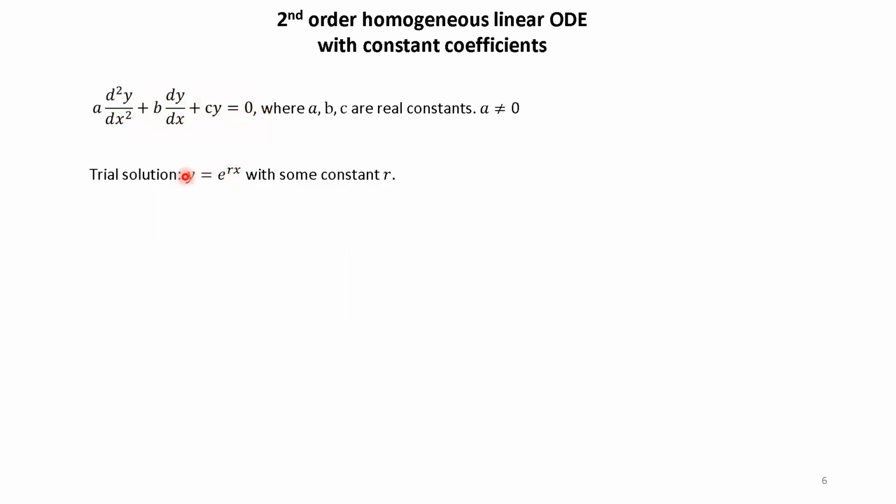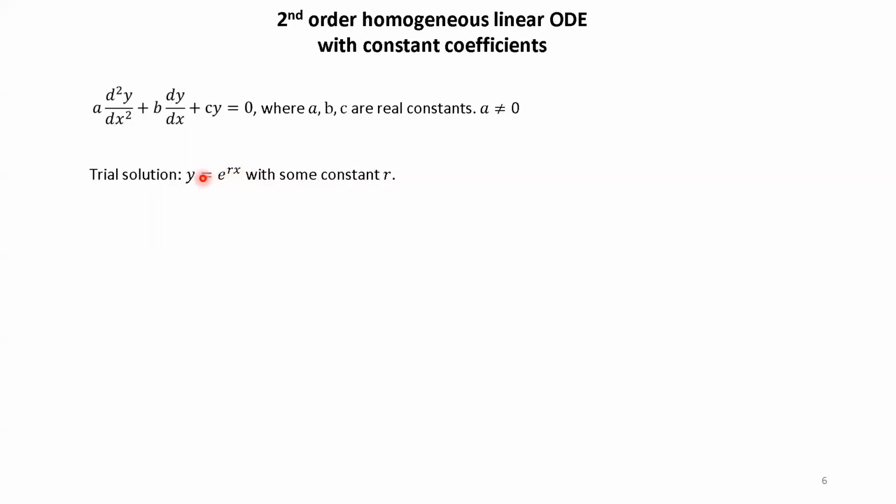So this trial solution is not too surprising to you. Now, this is the trial solution I'm going to test. The key is that I need to find out R, the value of R such that adding these three terms together is 0.